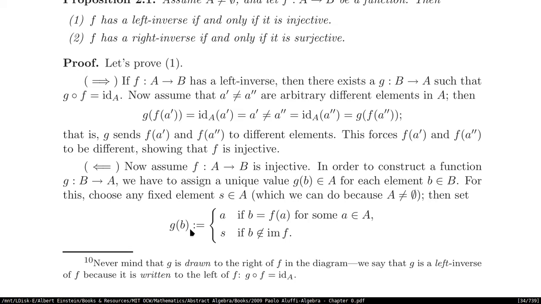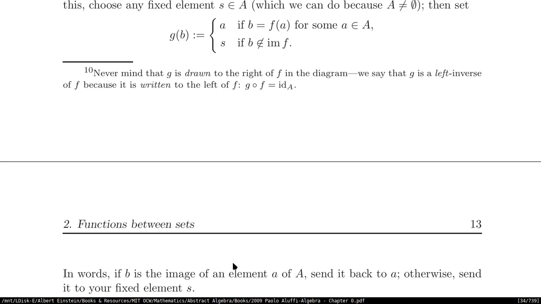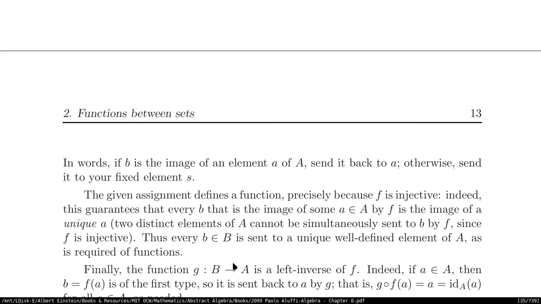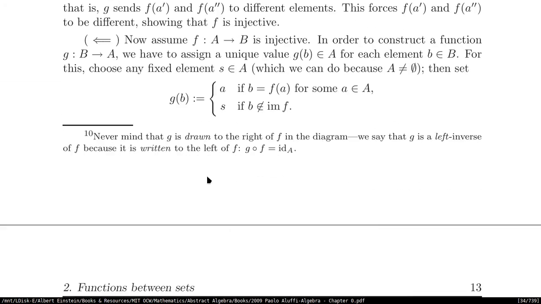So you define g as a piecewise function. It gives you a when b is the image f of a for some element a of the set A, or it gives you s if b is not at all in the image of f. Now what we are going to show is that it is indeed the first case.